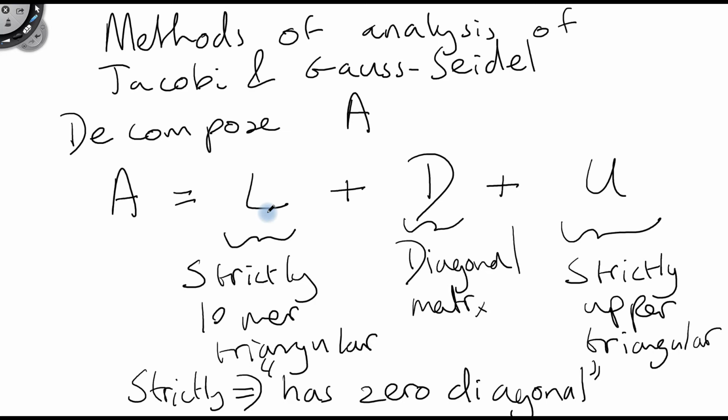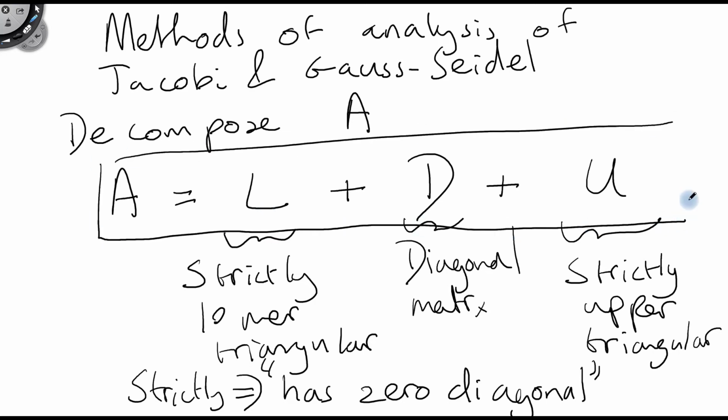So this is another form of decomposition. It's a summation decomposition. And by doing this, it will allow us to quantify how to generate that B matrix, remember in the Jacobi method, automatically.